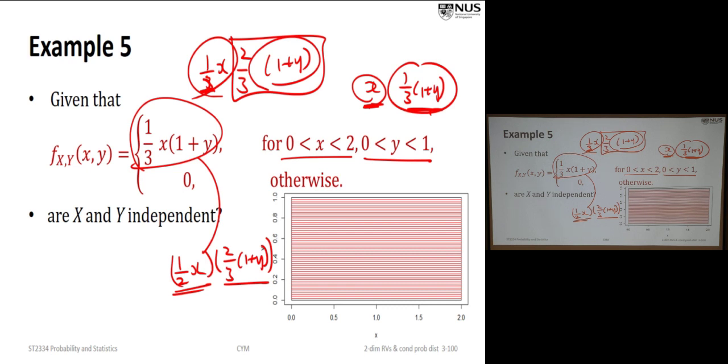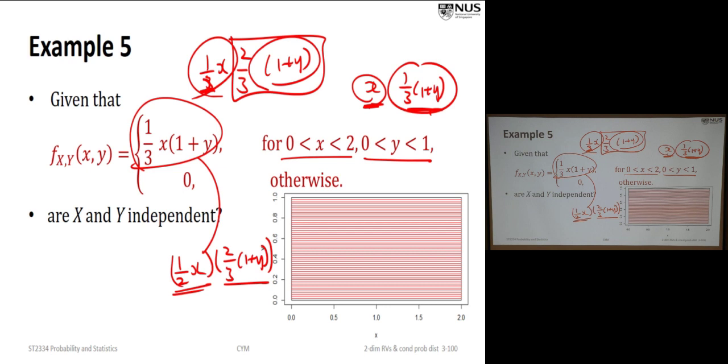If you're asked to prove it, since this is not in the notes, you have to work out f of x, f of y, things like that. But you can use this as a check of whether the product space is valid for the joint PDF.